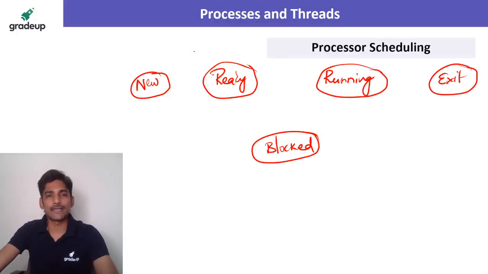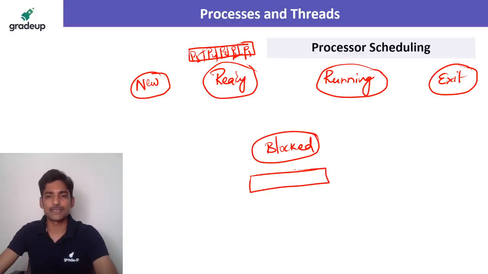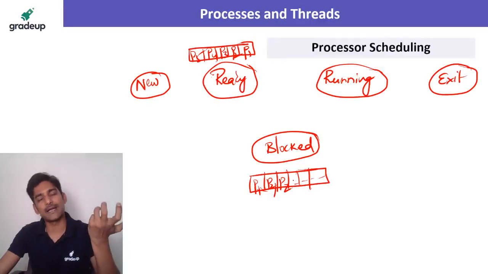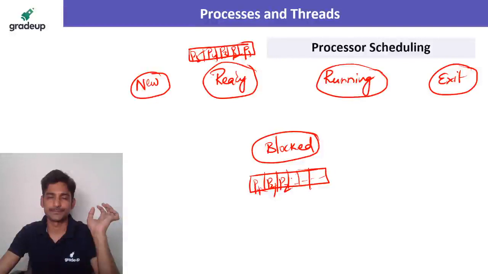In the ready state, there may be many processes, P1, P2, and so on. There may be many processes in the blocked state also. At any given time, there may be many processes in the ready state as well as in the blocked state.